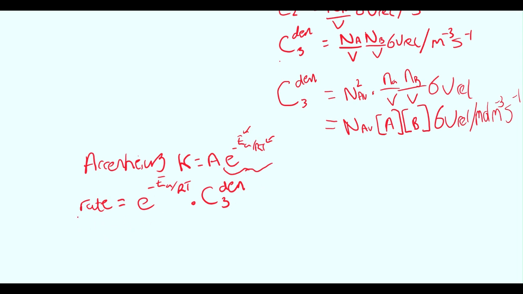And now we have essentially our rate equation. So we will define as follows. We'll take the variable concentrations out the front, and then N_A sigma v_rel times e to the minus Ea over RT.